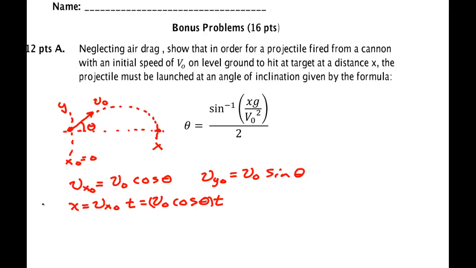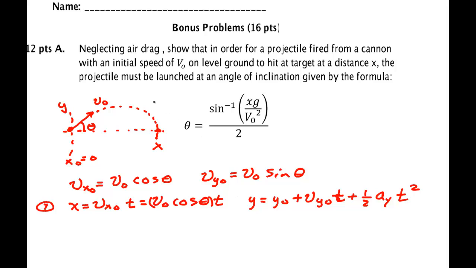I will call this equation 1. And then over here we have y equals y0 plus vy0 times t plus 1/2 ay t squared.